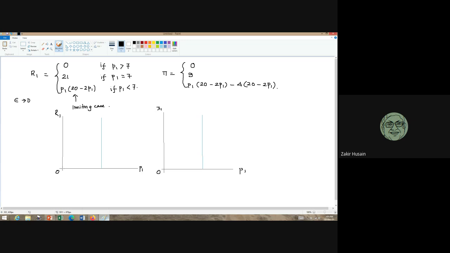If he increases price, then revenue will start increasing until the price becomes 7. After that, what will happen? The revenue function becomes equal to 0. He loses the market.